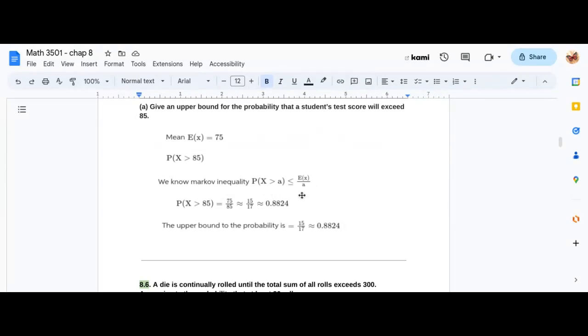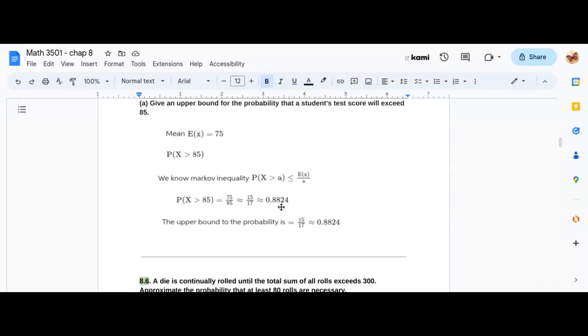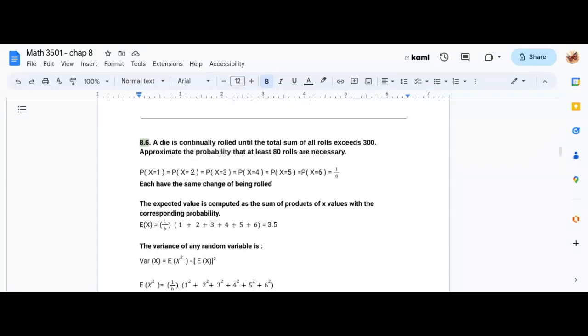So you enter the values into the equation. So the probability of X being greater than 85 is at most 75 over 85, which is approximately 15 over 17, and that gives you 0.8824.